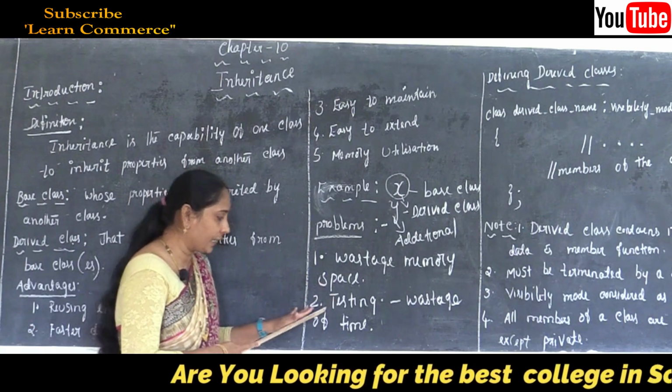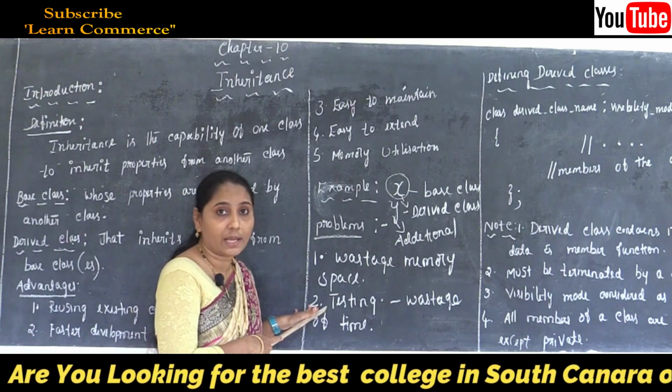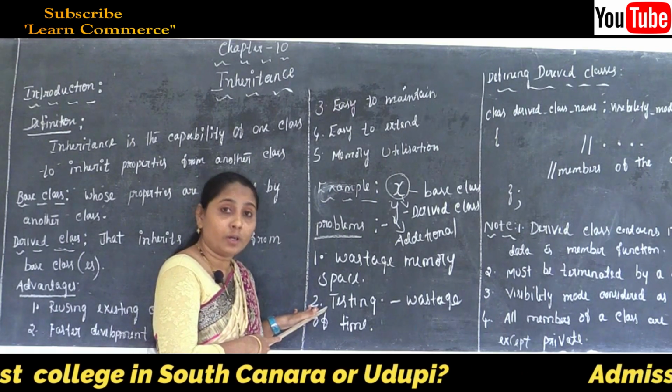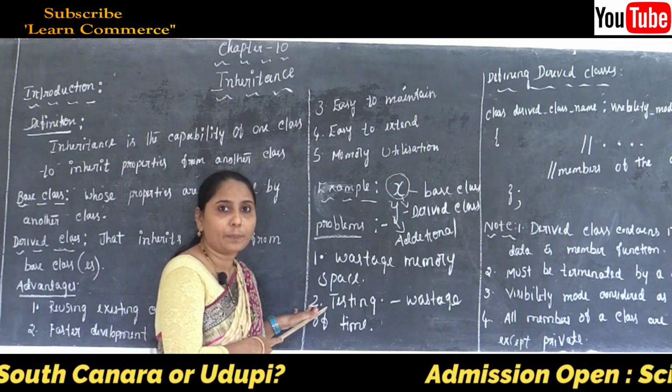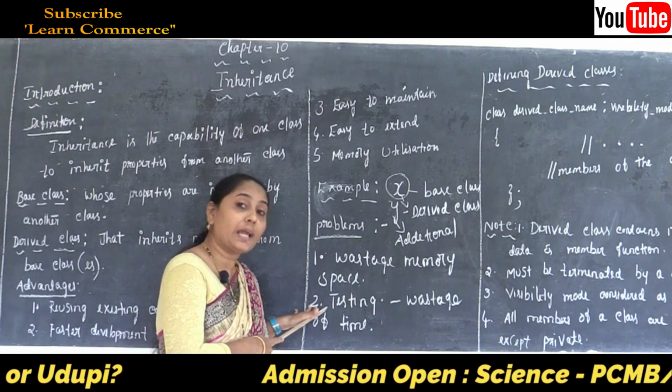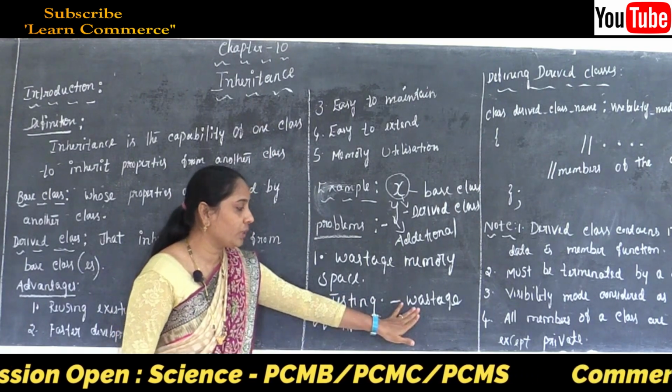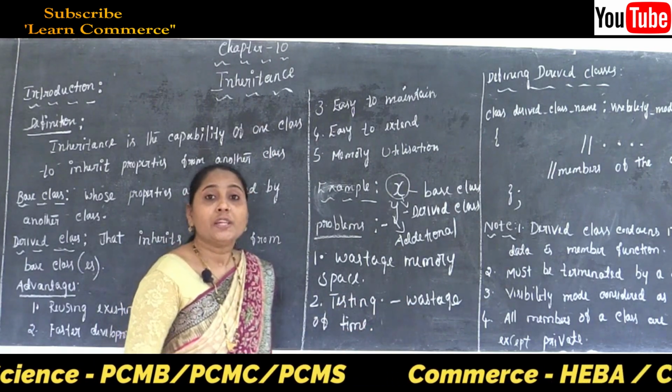And the second point, two classes are there, and we need to test each class separately, that is class X as well as class Y. At that time, it leads to unnecessary wastage of time.